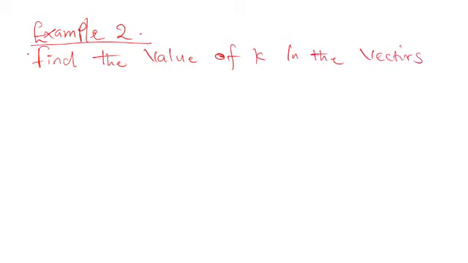Two vectors are said to be equal if they have the same value. Now let us find the value of k in the vectors below if they are perpendicular.